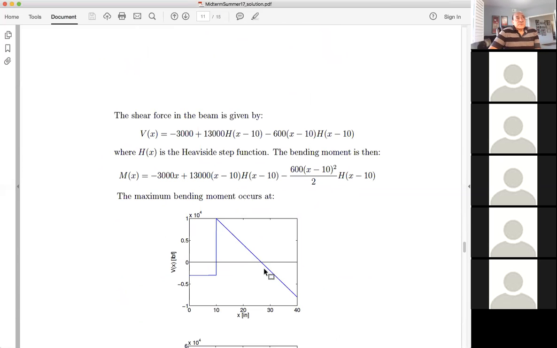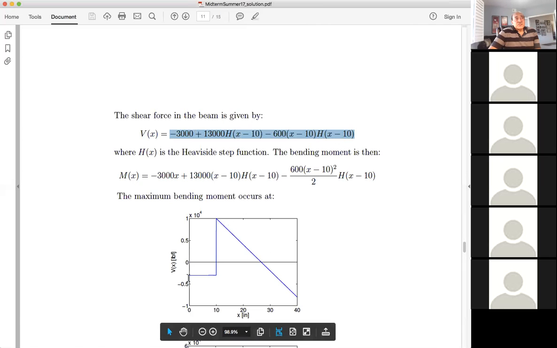Now, before we proceed, you can write an equation like that, and this equation is a reflection of the diagram that you make, right?